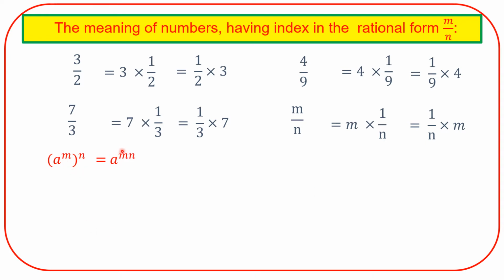Using this rule, we write a raised to m upon n is equal to a raised to m into 1 upon n, that is equal to a raised to m, bracket raised to 1 upon n.